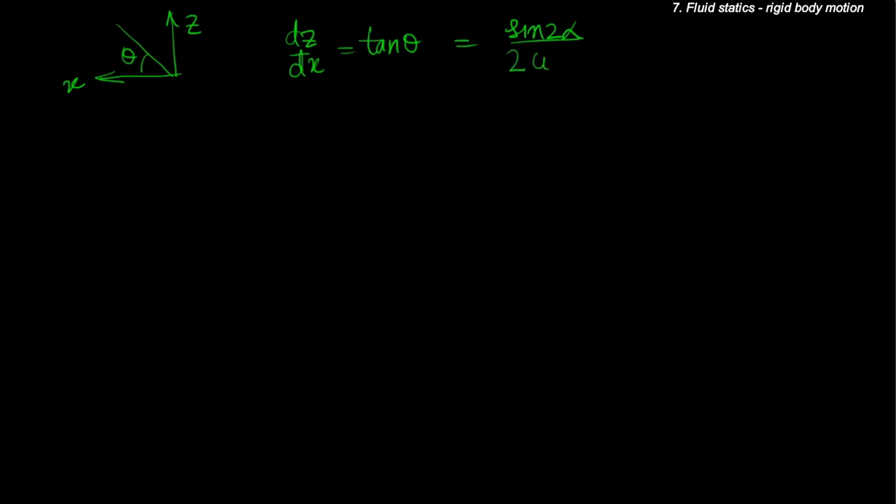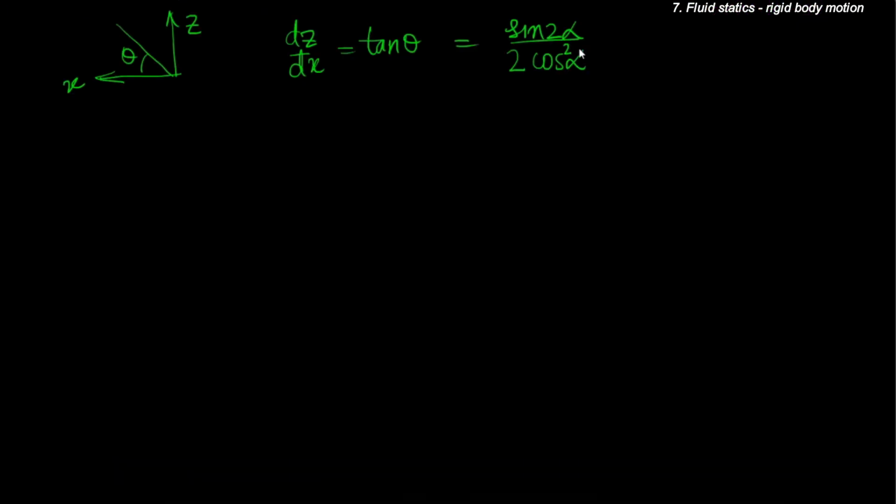In the coordinate system where x points in the opposite direction and z is over here and this is theta, we have dz upon dx equal to tan theta, and this is sine 2 alpha upon 2 cos square alpha.